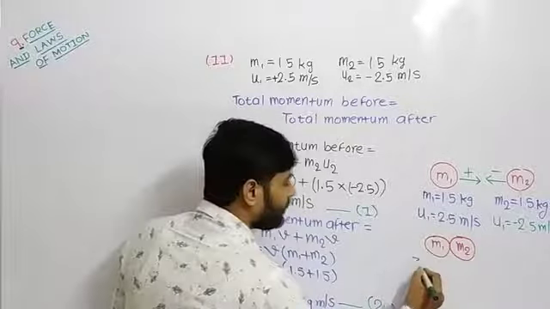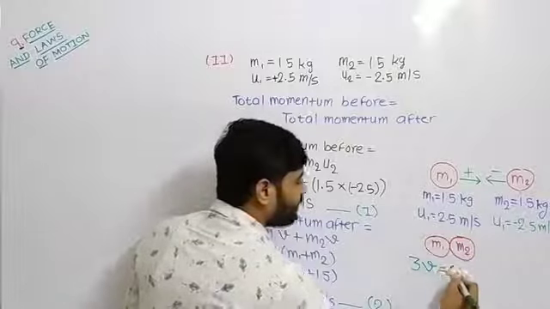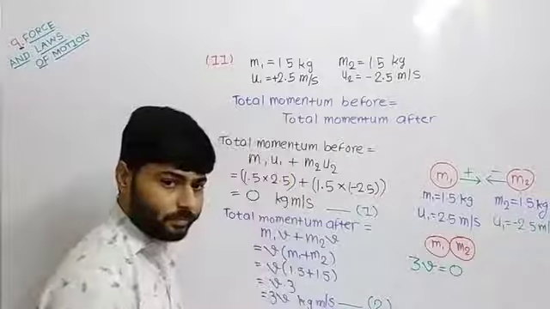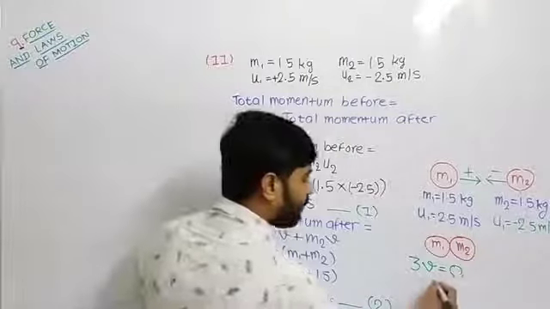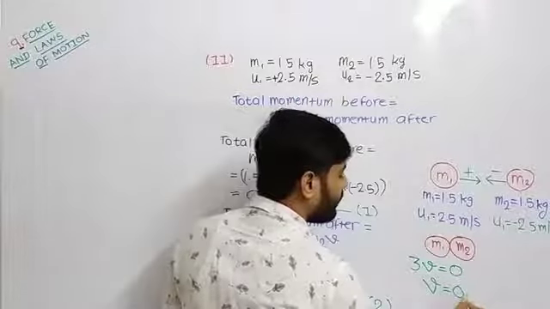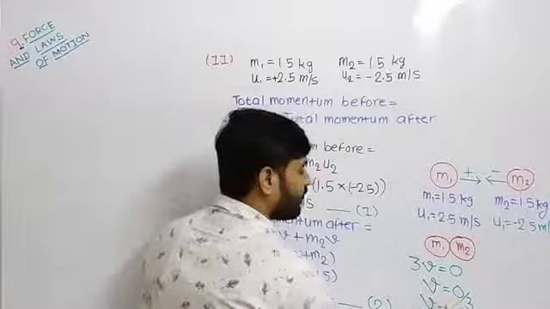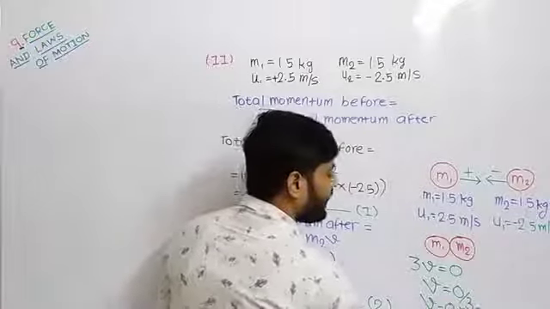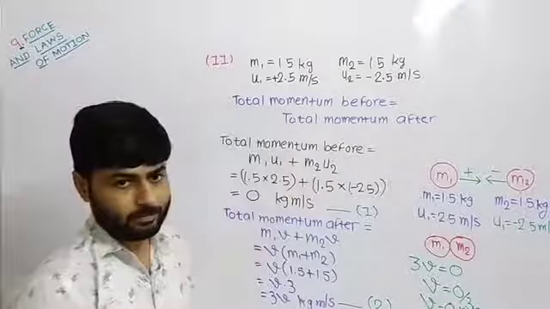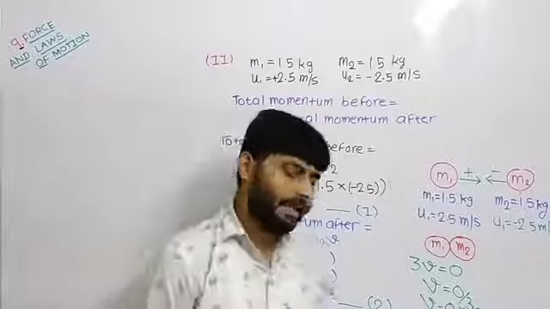So I have 3v is equal to 0. So I have v is equal to 0 by 3. So I have v is equal to 0 meter per second. What does it mean?